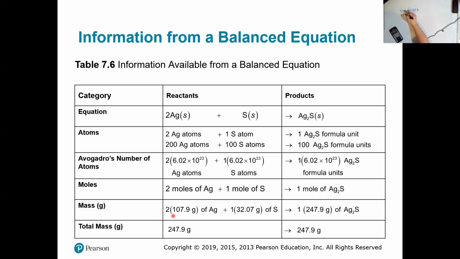And 1 times 32.07, which is for our sulfur. When we add those together, it's 247.9. And when we look at our product, the silver sulfide, the coefficient of 1 is in front of the silver sulfide in our balanced equation. 1 times the molar mass of silver sulfide is also going to be 247.9. Okay, so the law of conservation of mass.